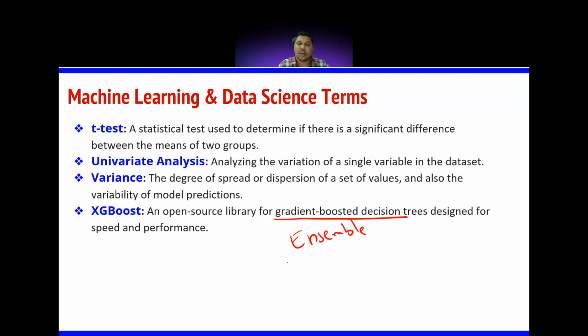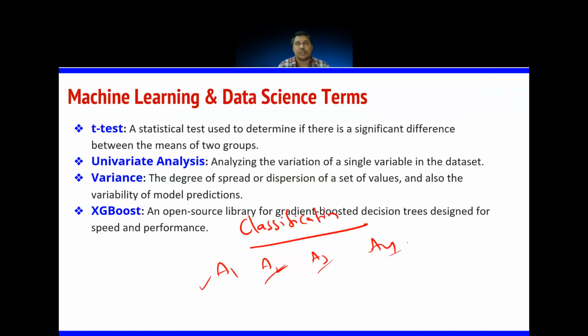I will just talk about this word, ensemble learning. You have a lot of algorithms for different tasks. For prediction, you have certain algorithms. For classification, you have different ones. In classification, you have many algorithms, A1, A2, A3, A4, for example. So you can use this, or this, or this.